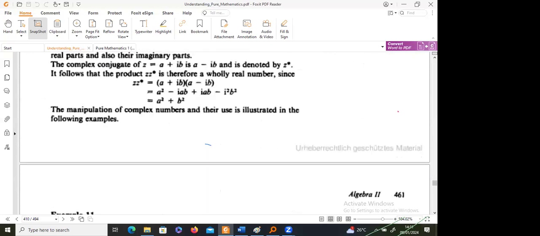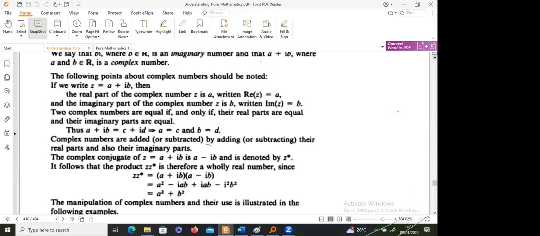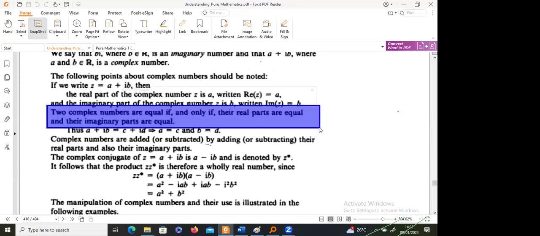What did I say? I said that when two complex numbers are equal, then their real parts will be equal, and also their imaginary parts will be equal. Two complex numbers are equal if and only if the real parts are equal and their imaginary parts are equal.